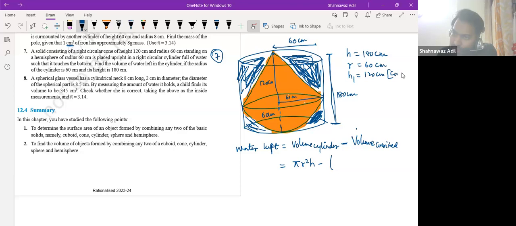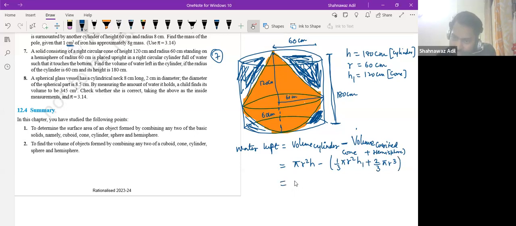This is the cone. So the volume of the combined structure is 1 by 3 pi r square h1, so this is the cone, plus this hemisphere, right? So hemisphere is how much? 2 by 3 pi r cube, right?